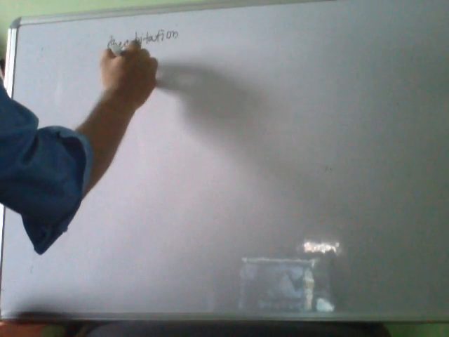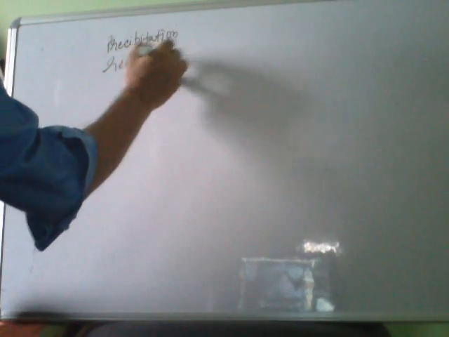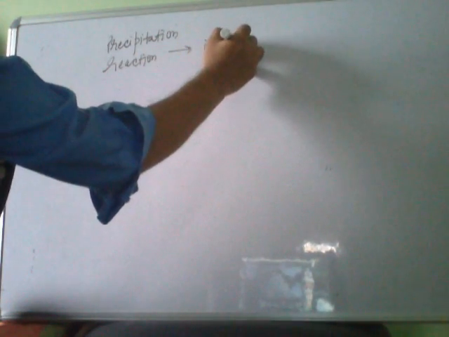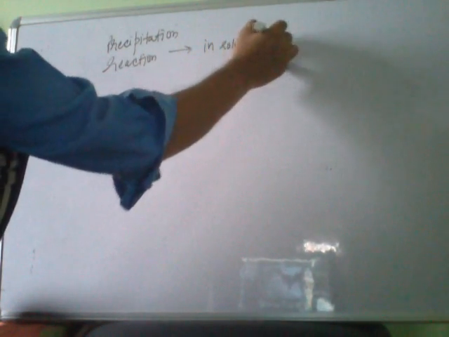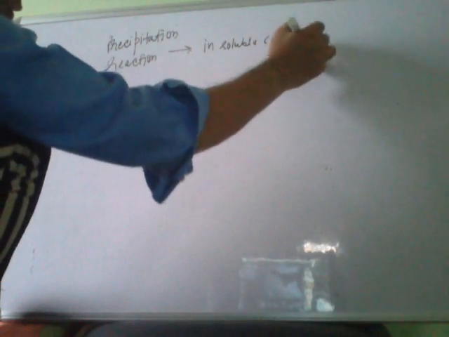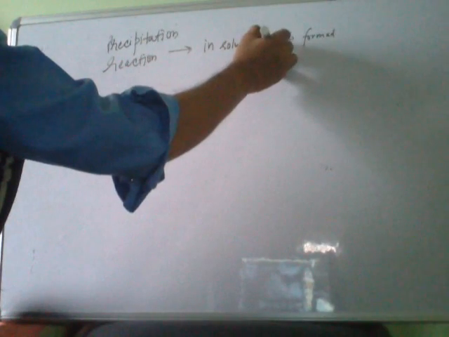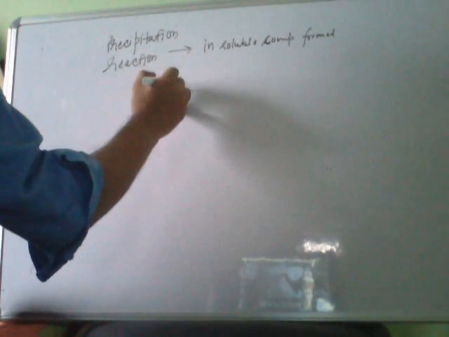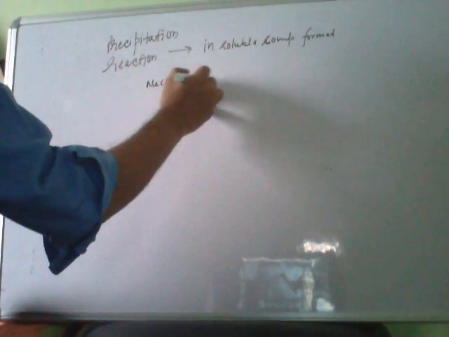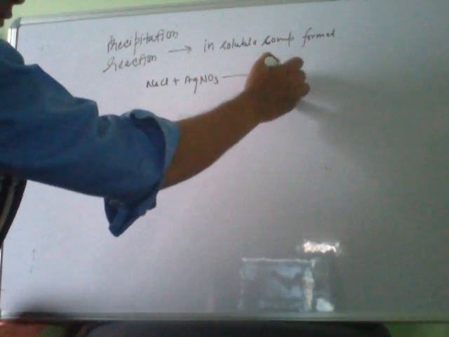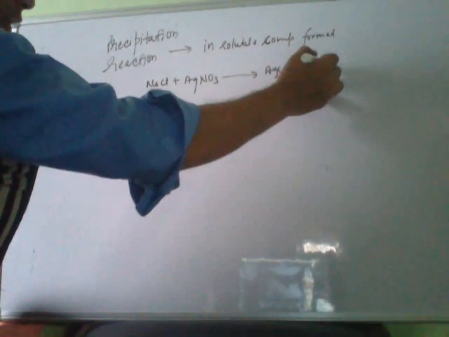In a precipitation reaction, an insoluble compound is formed. For example, NaCl plus AgNO3 forms AgCl plus NaNO3.